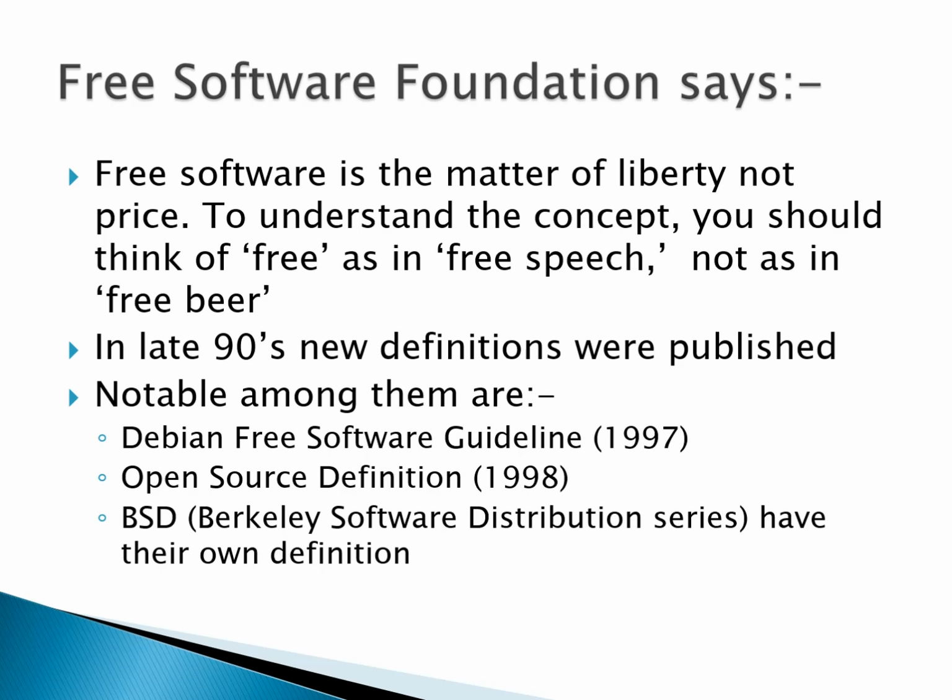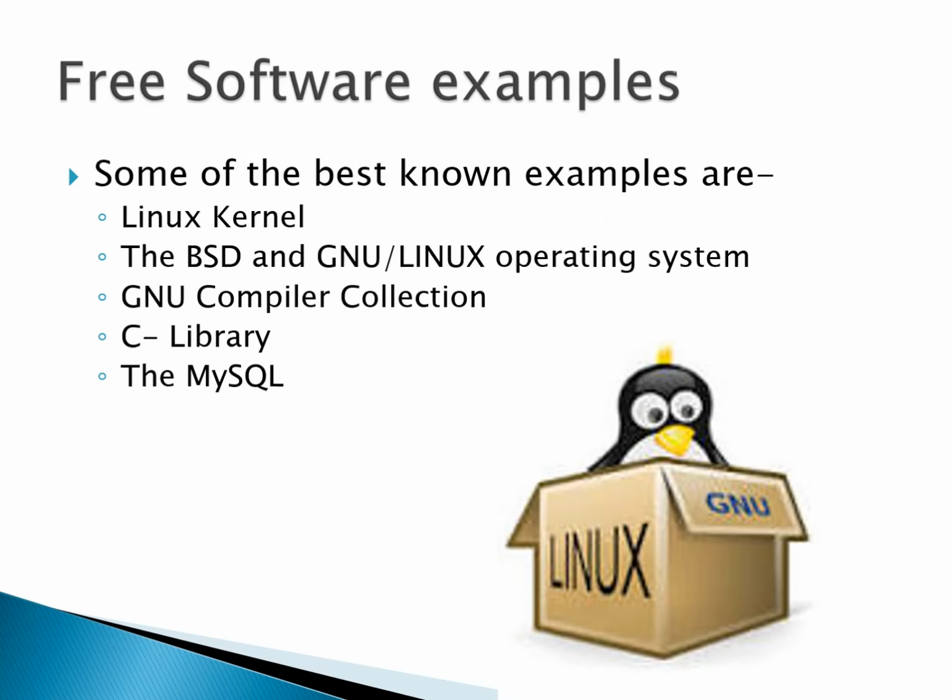Other notable free software definitions are the Debian Free Software Guidelines, released in 1997, the Open Source Definition in 1998, and lastly the BSD, Berkeley Software Distribution series. These have come after the original Free Software Foundation and come up with new definitions of what could be addressed as free software.